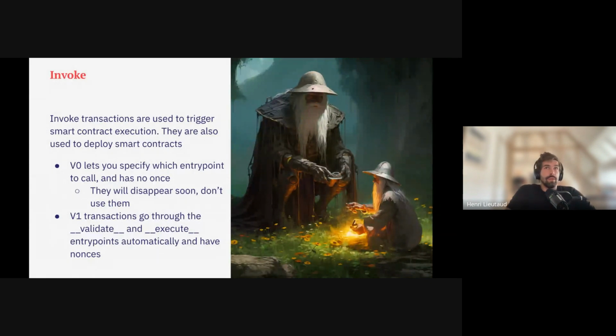So as the network evolved, initially the specs for account abstraction on Starknet were not entirely solidified. I'm not going to pull up the doc, but if you take a look at it, when you send a V0 transaction, you're specifying which smart contract you want to call and which function you want to call.